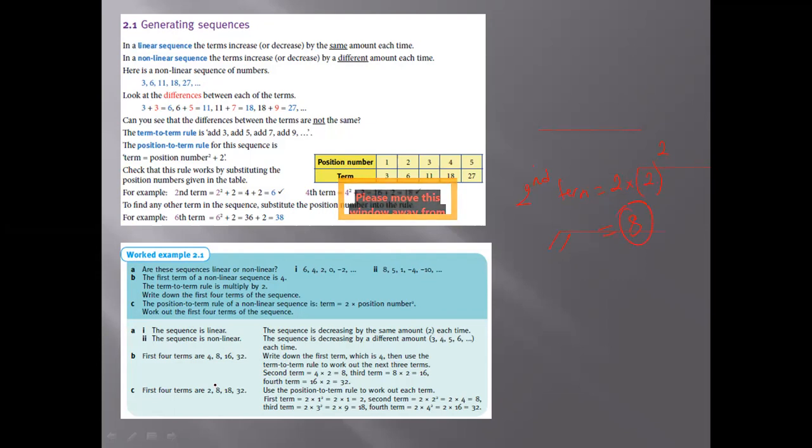And as you see here also, the second term is 8. In between, the differences of this sequence are not the same. It's increasing, but the differences are not the same. That's why this sequence is a non-linear sequence.